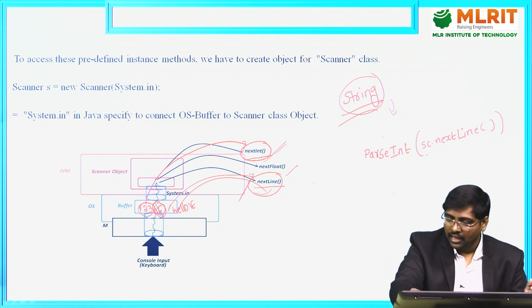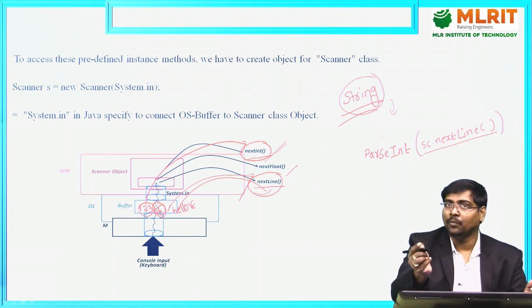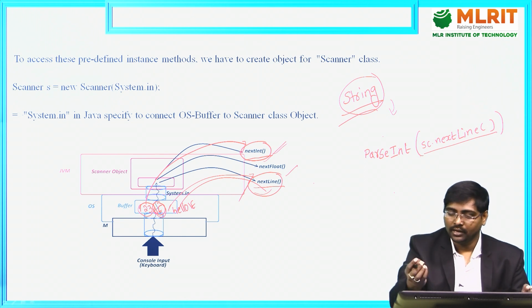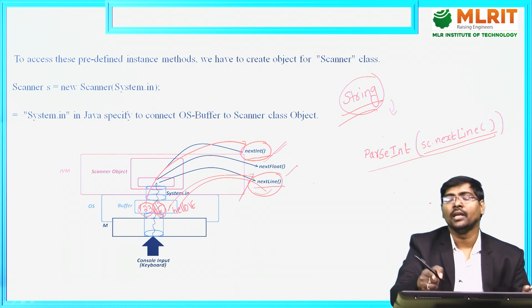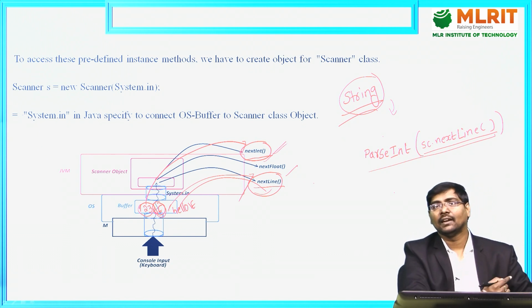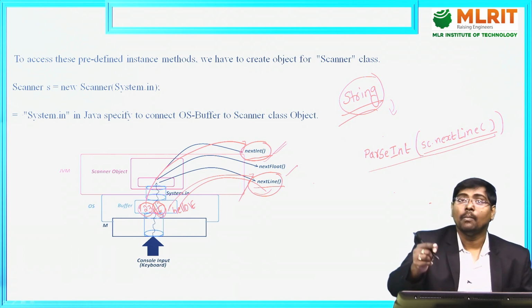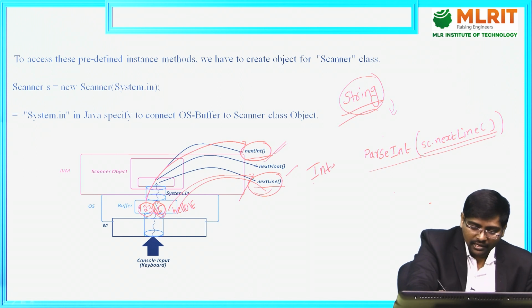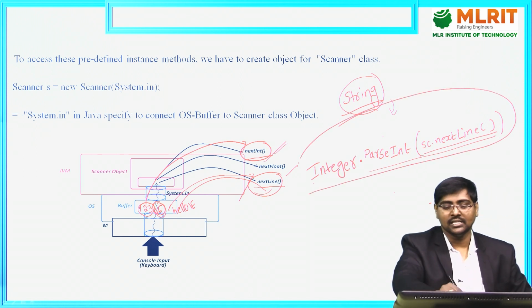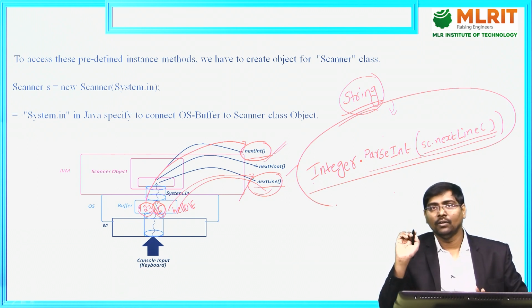Here observe, I am reading the input in the form of string. Whatever input I read is passed as a parameter to parseInt. This automatically converts into an integer. But where is this parseInt available? In the wrapper class Integer. Integer.parseInt. This is the syntax from now onwards.